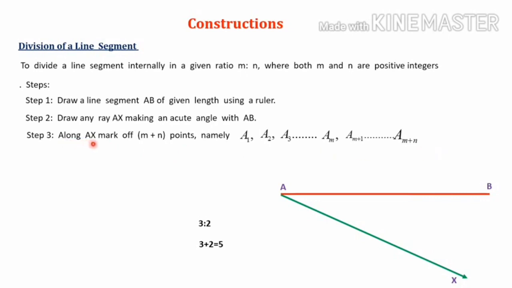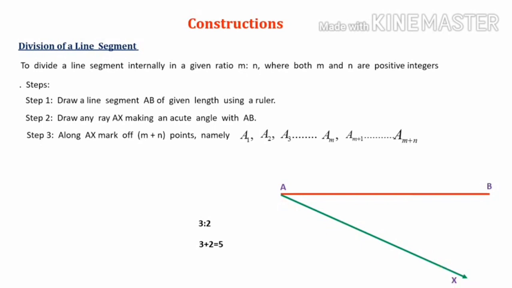So along AX, mark off m plus n points, means here 5 points we have to mark, namely A1, A2, A3, etc., A(m plus n), means here 5 only, last one. So A1, A2, A3, A4, A5. So we have to mark A1 to A5 along AX by using the ruler.